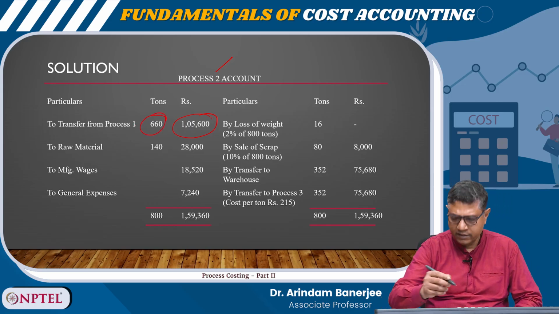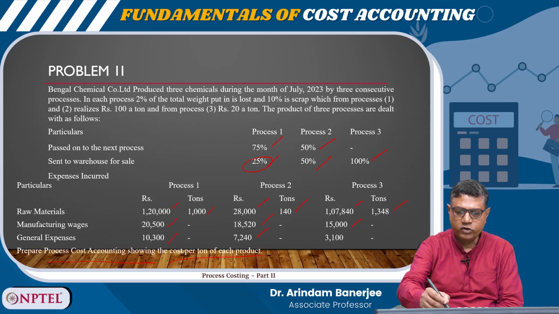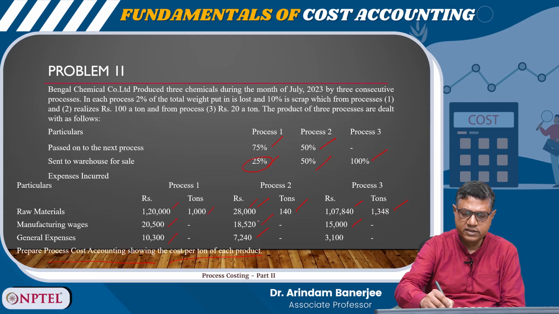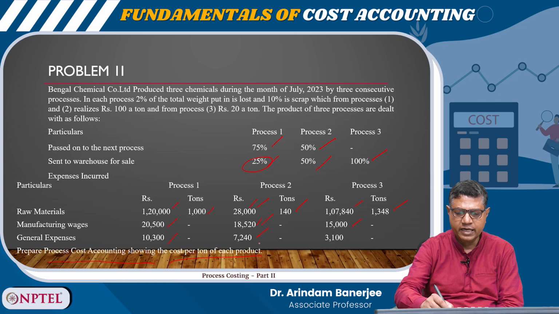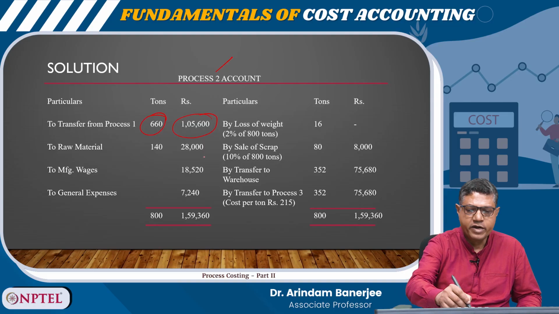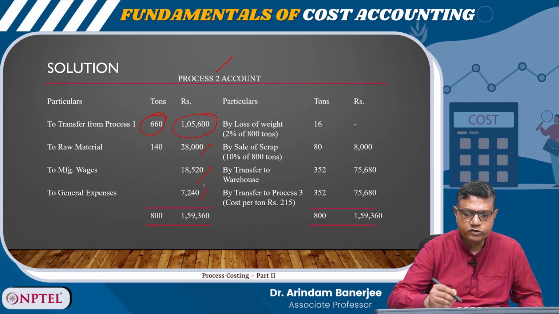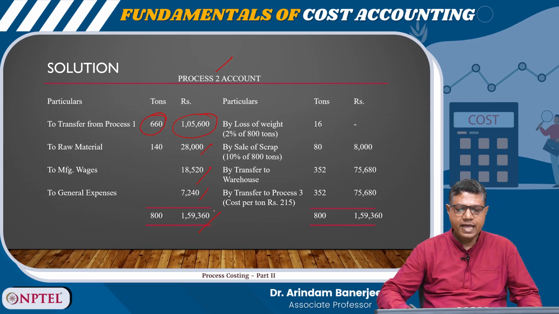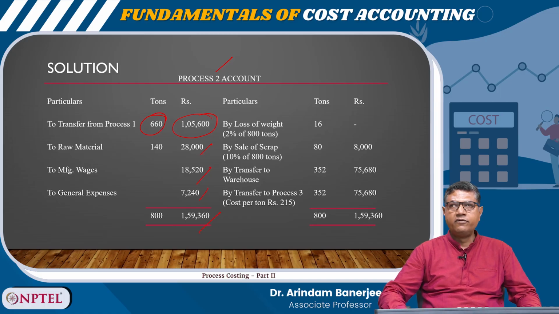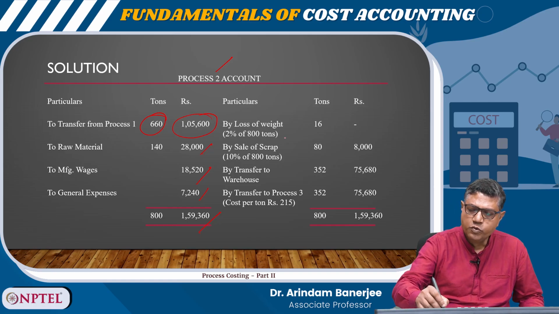With this, we are adding the raw material again of 28,000, manufacturing wages 18,520 and general expenses 7,240. The total is 1,59,360. Out of it again 2% is a loss.